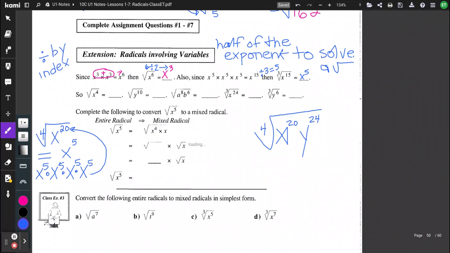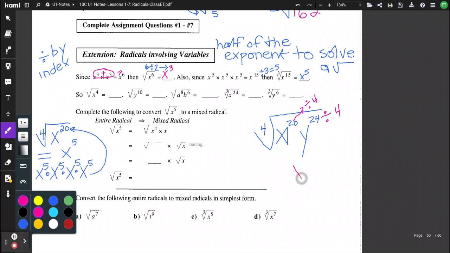So this guy right here, you're taking 20, divide 4. And here you're taking this guy, divide 4. And that would be your answer without a root sign. So your answer would be x5, y6. Done. Okay? That would be your answer without the root.